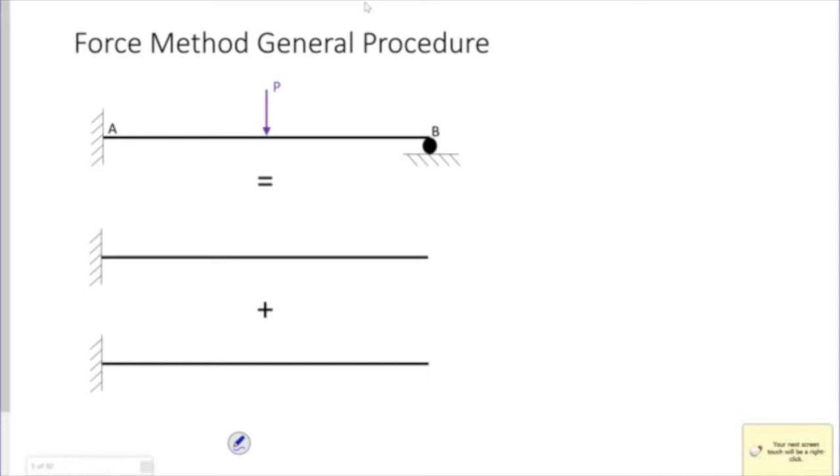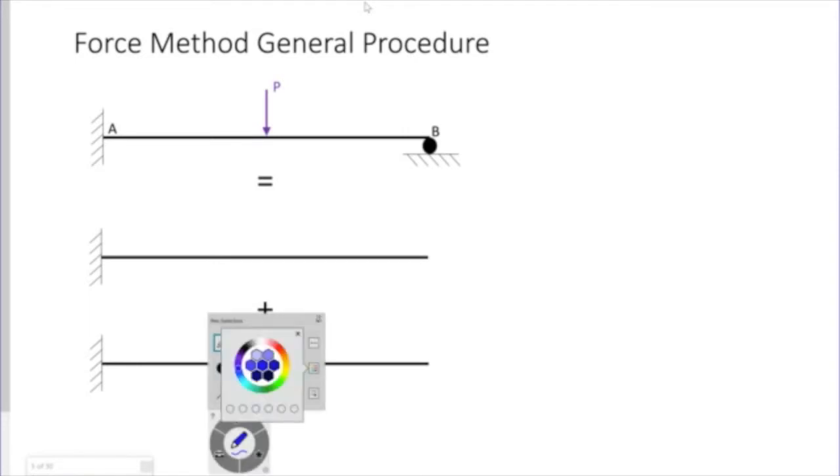Okay, here's the general procedure for the force method and how it happens, right? So let's say we have a beam that has a fixed end on one end and a roller on the other. So let's look at how many reactions that is.